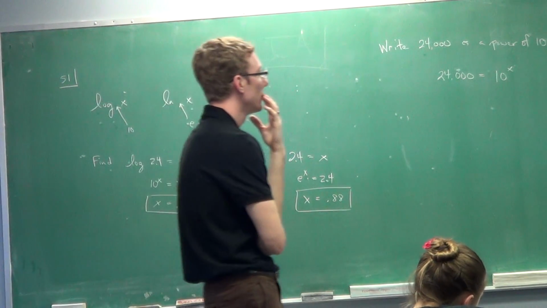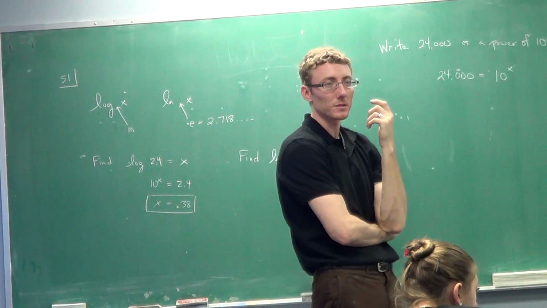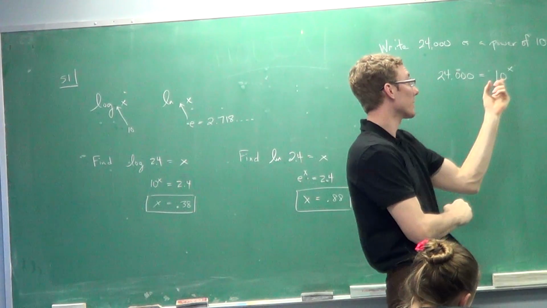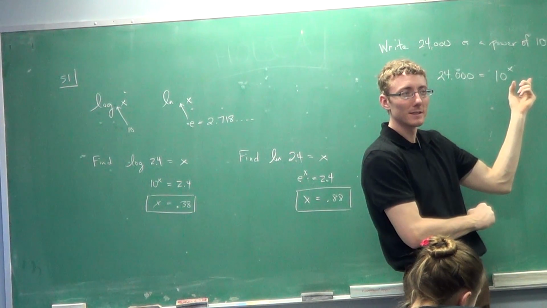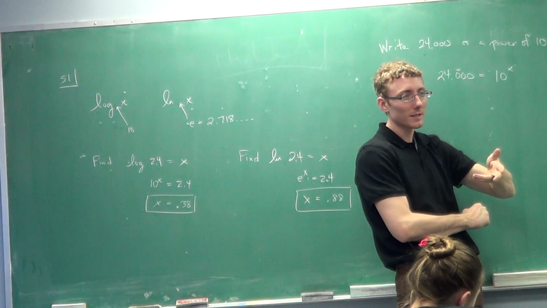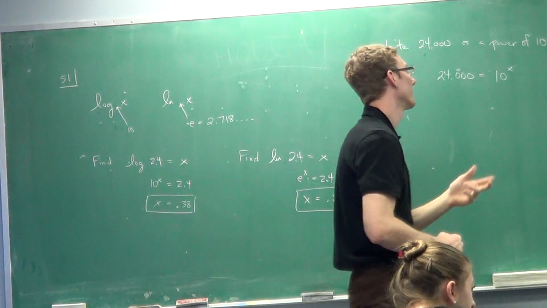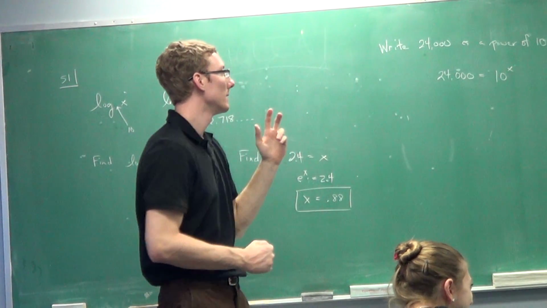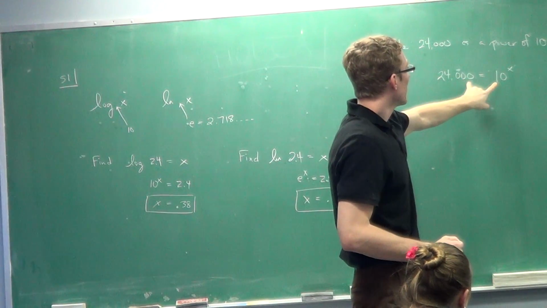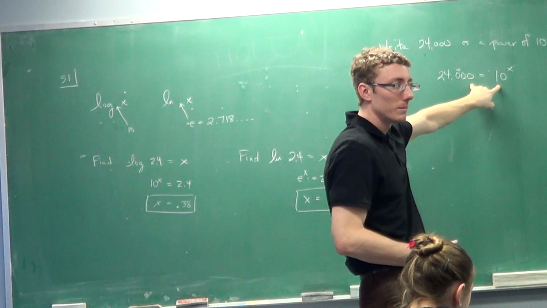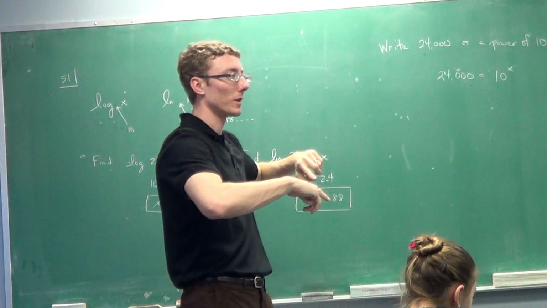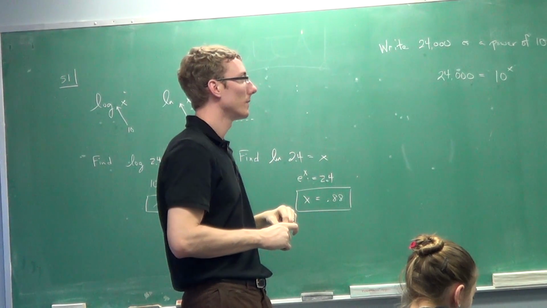Now, if you had magic skills, you could figure out exactly what that x was. Do you have the magic skills? No. But what if we took this in exponential form and rewrote it in logarithmic form? Maybe it would simplify.